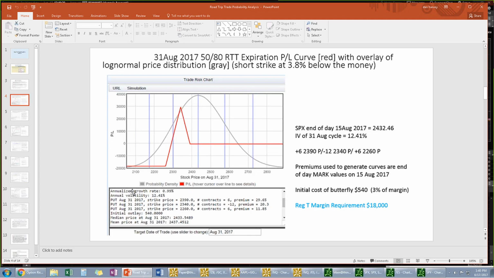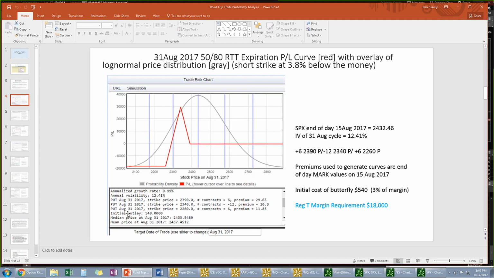You can put in some sort of a growth rate, but I don't usually do that. I leave that blank. So then that fills in what I put in for the risk-free rate, which is the T-bill rate. That's less than 1% for a T-bill.